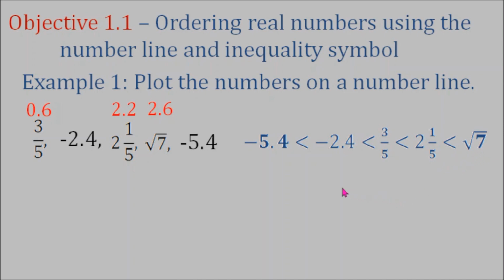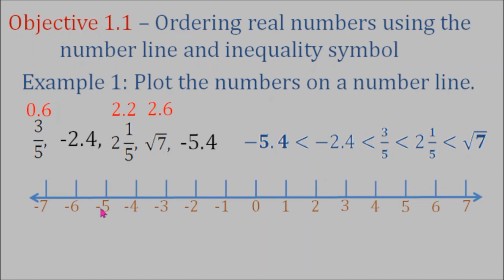Now we are going to plot these numbers on a number line. So this is our number line. -5.4 is somewhere here. Then -2.4 is somewhere here.